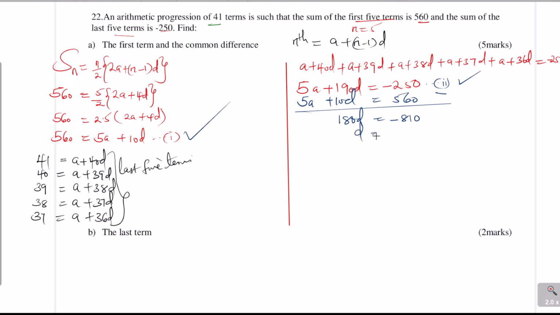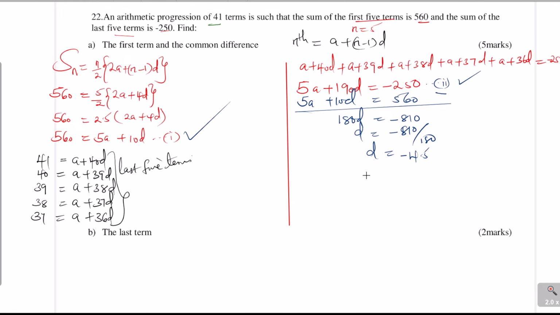So d will therefore be negative 810 divided by 180. When you divide these, that gives negative 4.5. That is the common difference.